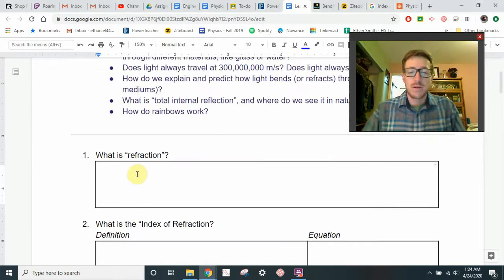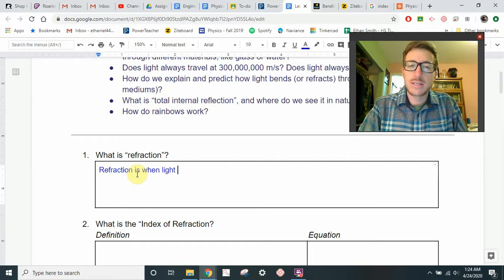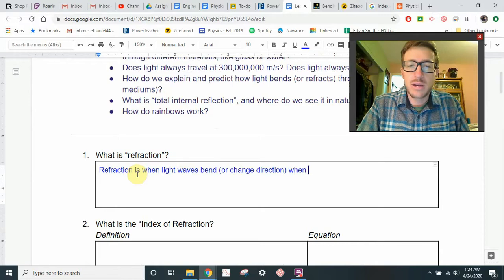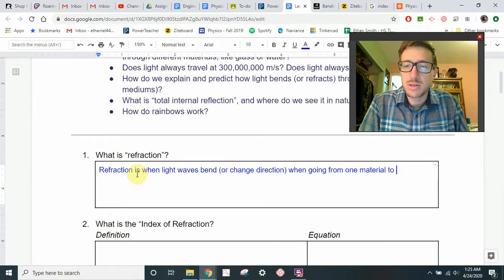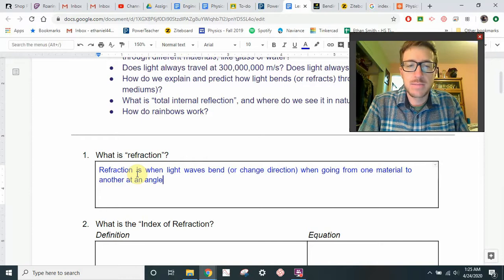What is refraction? All right, so refraction is when light waves bend, or change direction, when going from one material to another at an angle.